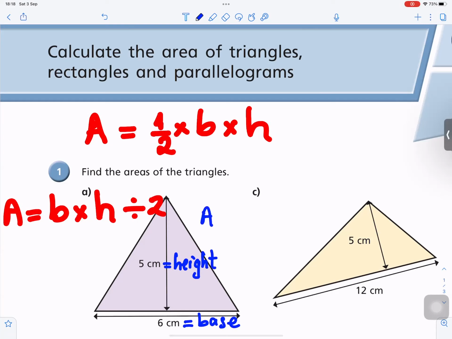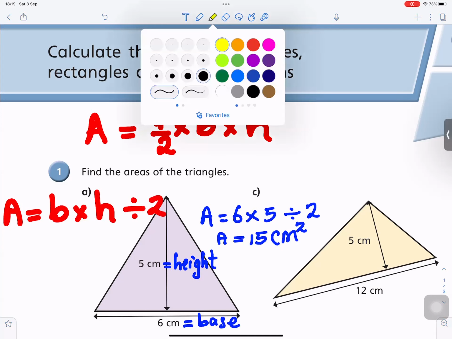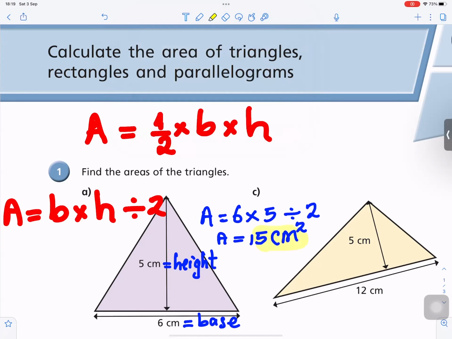So the area is given by the base, 6, times the height, 5, divided by 2. 6 times 5 is 30, and half of 30 is 15. So the area is 15 centimeters squared. That's the area for that triangle.